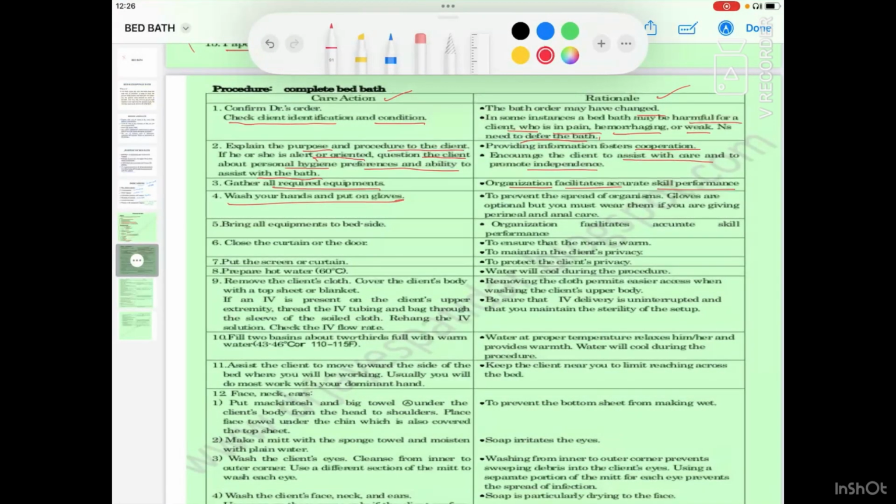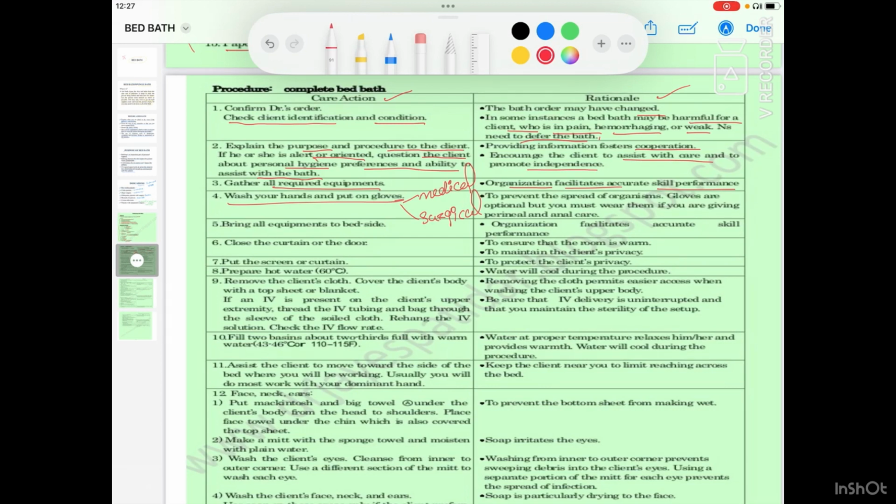For this bed bath, what type of hand wash will you prefer? There are two types of hand wash: the medical hand wash and the surgical hand wash. What does medical hand wash mean? Here is an easy hint.